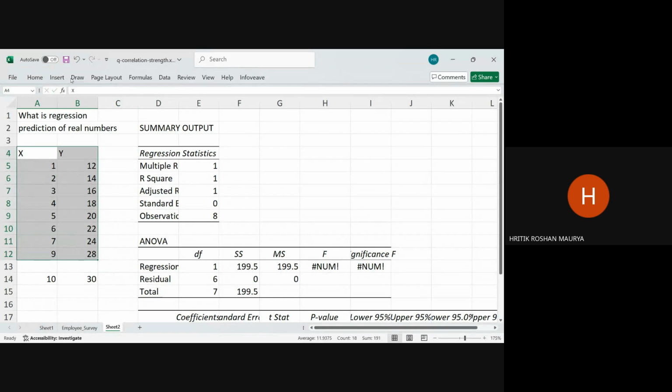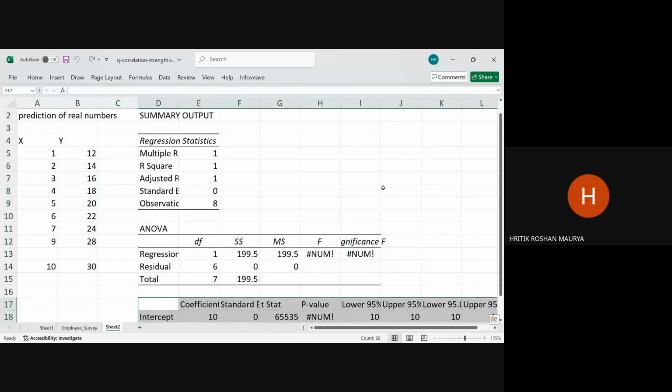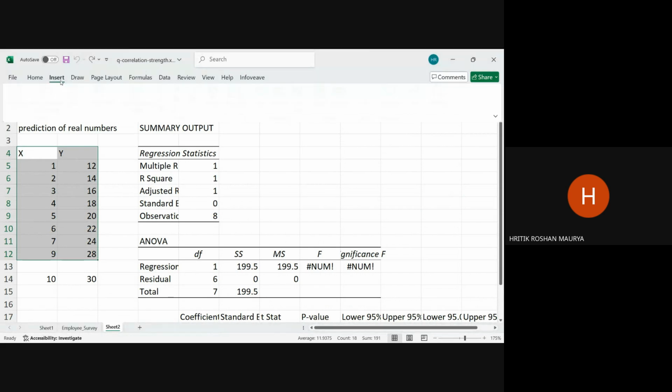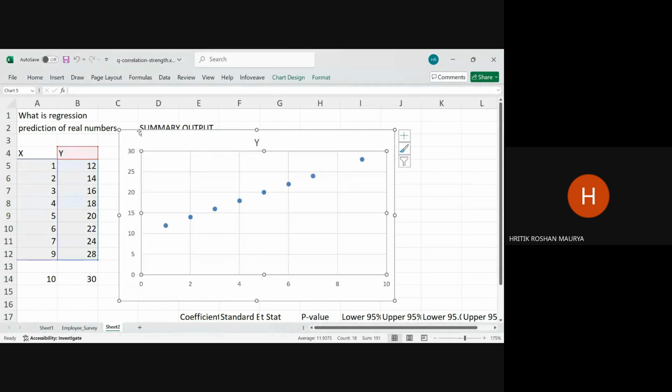If I need to go back, it is not resetting anyway. I will again select this and go to Insert, and insert this scatter graph, and put it here.